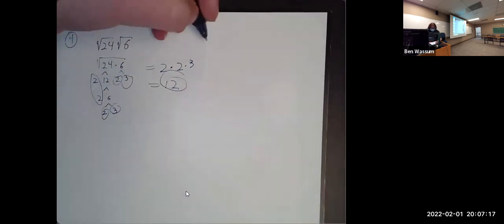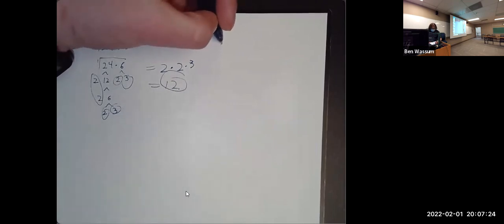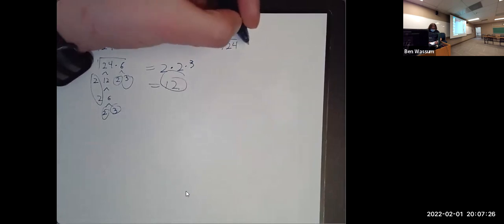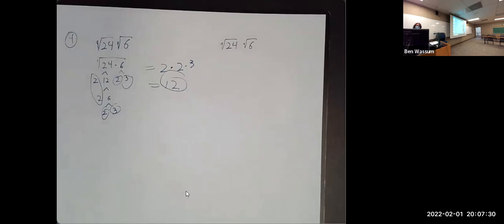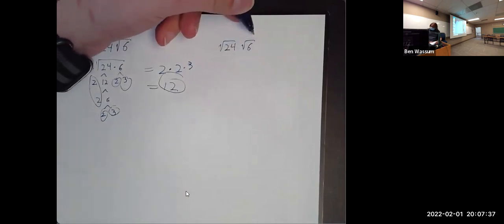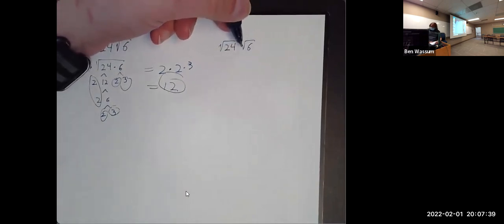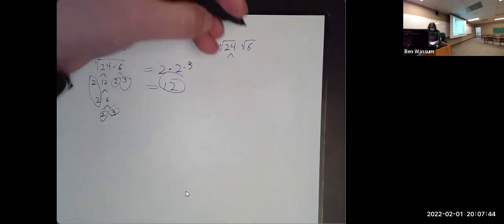Speaking of methods, this is a little funkier, but another way to do this problem is ignoring the fact that this square root of 6 doesn't do anything. So we just say that's just going to stay there. And you can break down the 24. 2 and 12, 2 and 6, 2 and 3.